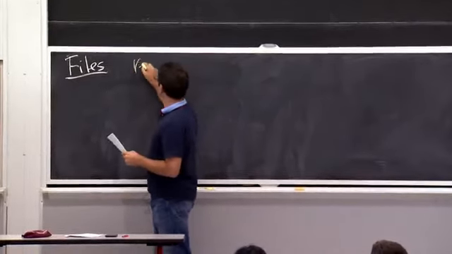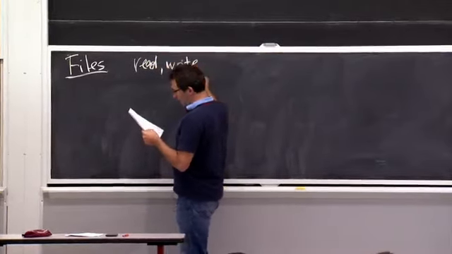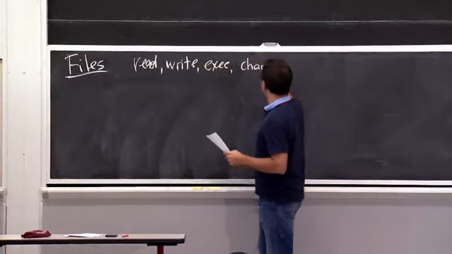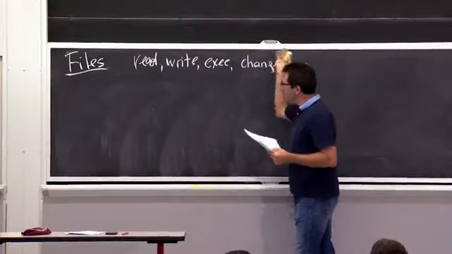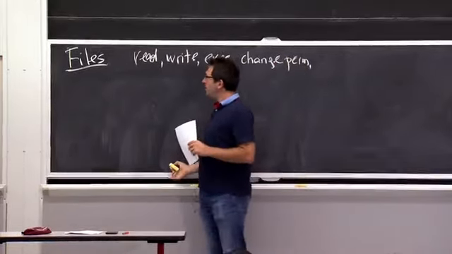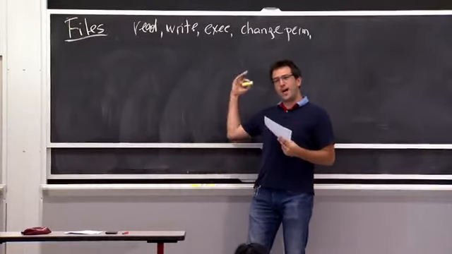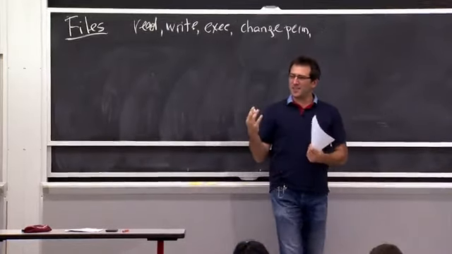For files, you probably care about read, write, maybe things like execute as well, change permissions, maybe change other security properties. Unlink? Well, is unlink a property of a file itself, or is it a directory thing? It's actually a little not clear.